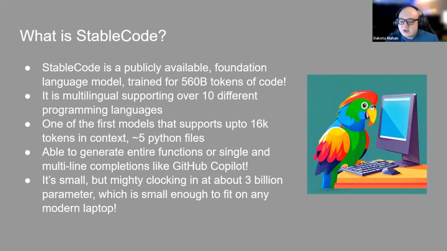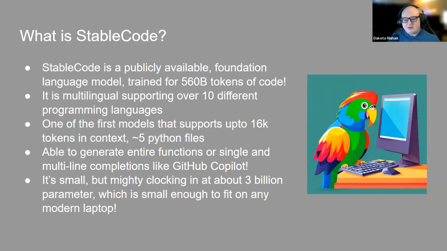It's one of the first models actually that supported up to 16K context, which is about 5 Python files. I know a lot of you have seen stuff like YaRN where it's 128K nowadays. But when this was first published, that was not really in the realm of possibility for such a language model.